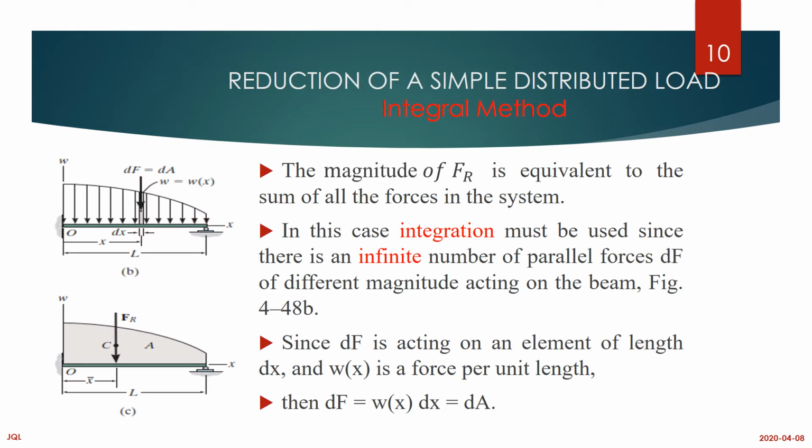So, since dF is acting on an element of length dx, and w(x) is the force per unit length, which happens to be the force that is applying to the beam from 0 to L.